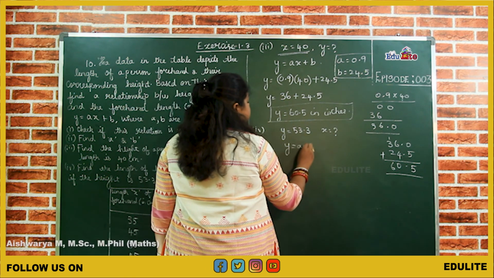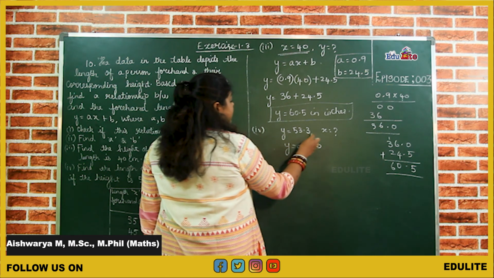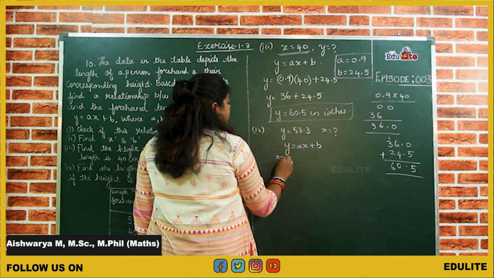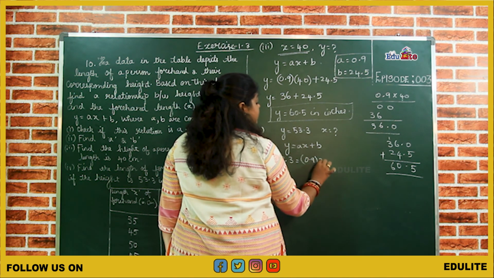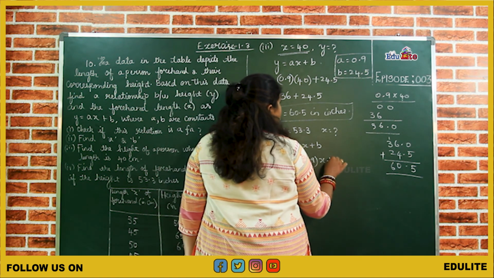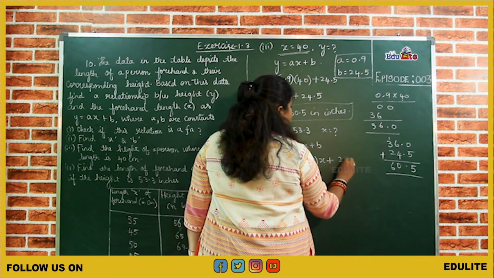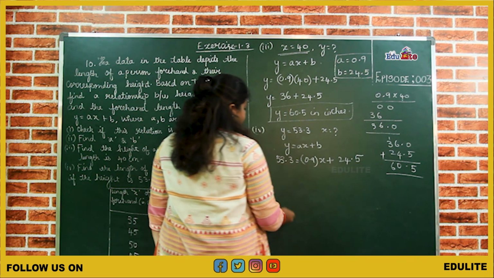So, y equals ax plus b. The y value is 53.3, the a value we found is 0.9, we keep x as it is, plus the b value we found, 24.5.